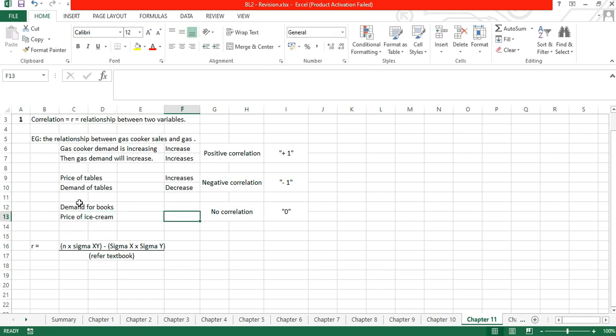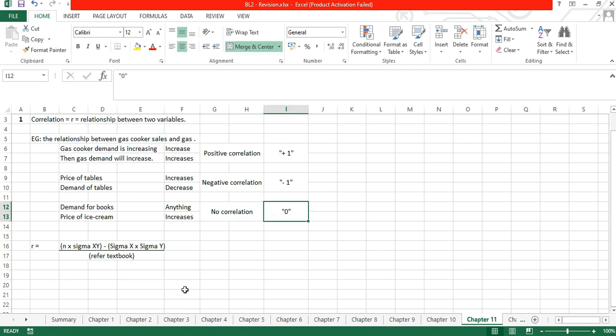If the ice cream price increases, demand for books will not increase or decrease. So there's no relationship between the demand for books and ice cream prices, and therefore the correlation will be 0.